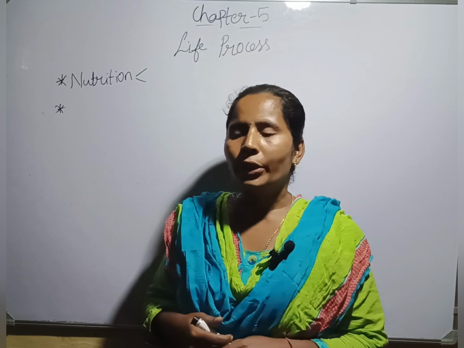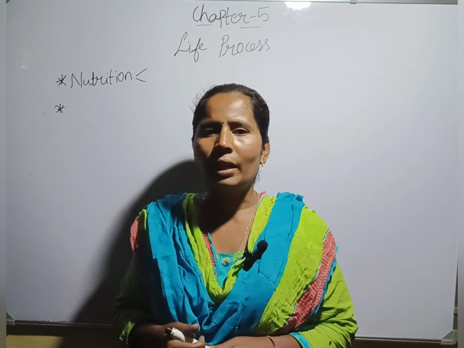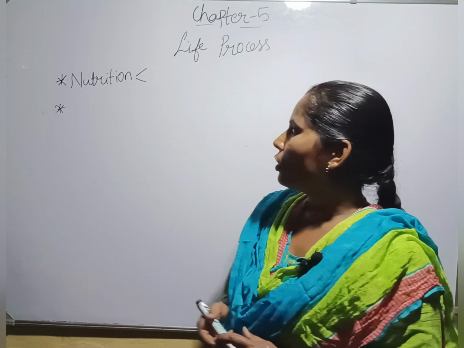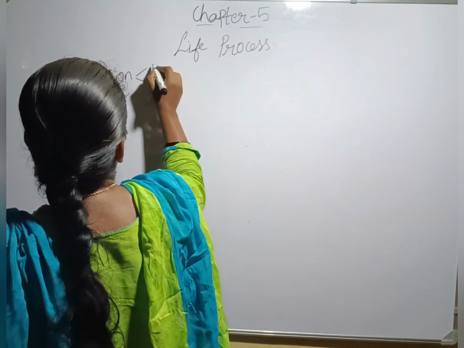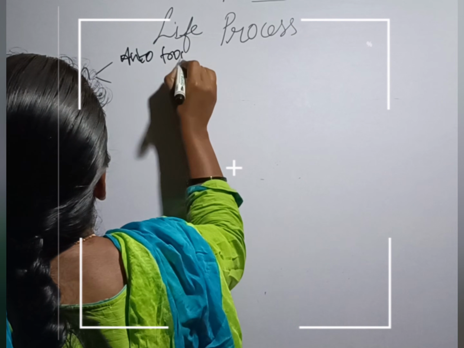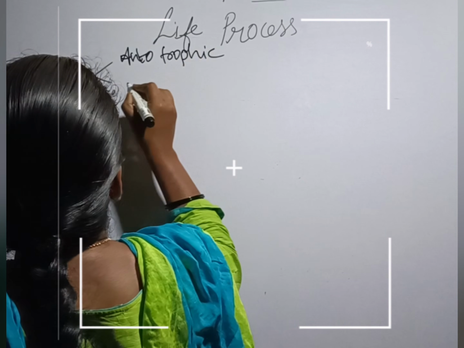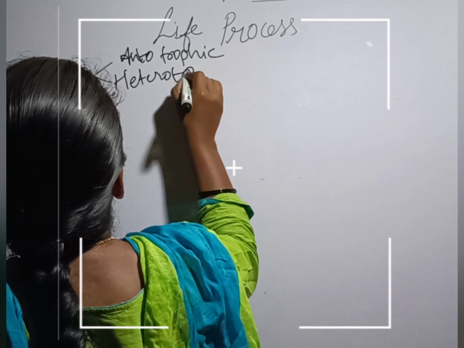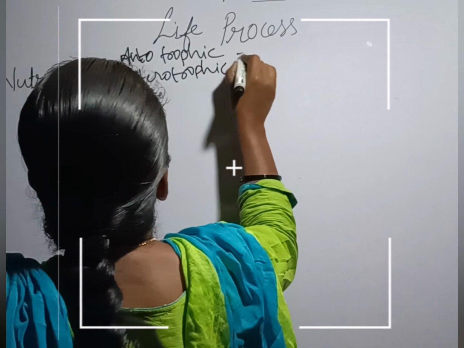So first thing is nutrition. Nutrition is nothing but intaking of food to get energy. In nutrition we have two types: one is autotrophic nutrition and the other is heterotrophic nutrition.